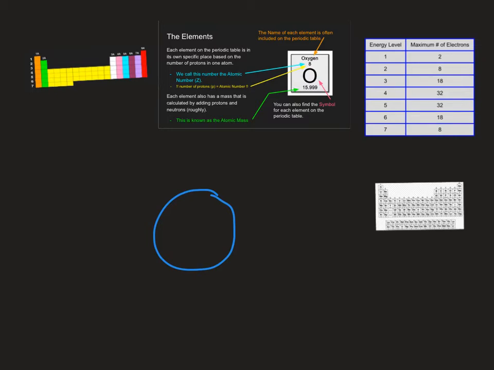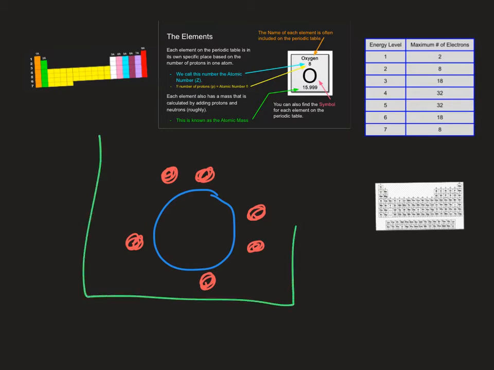So I now am going to put 1, 2, 3, 4, 5, 6. And that's all my Lewis dot diagram is: the symbol with the electrons put and paired together.